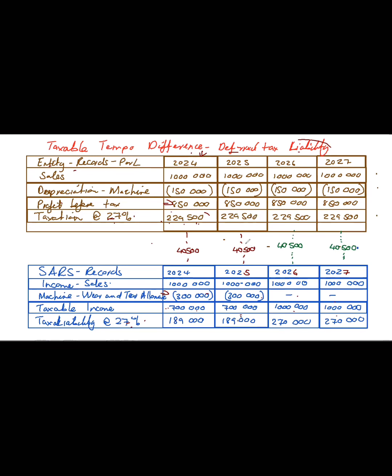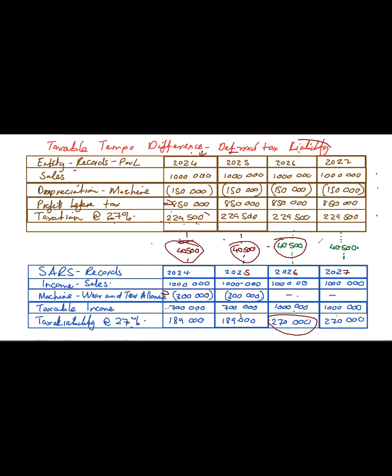This minus that. They lost out on the same figure. But now in 2026, let's analyze. Our taxation according to the accounting records is 229,500. But according to SARS now, the tax liability is how much? Is that? So they are redeeming the 4,500 that they'd lost out here.